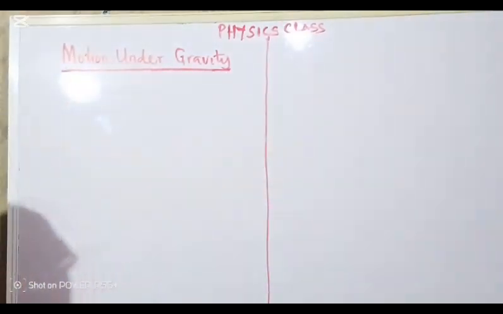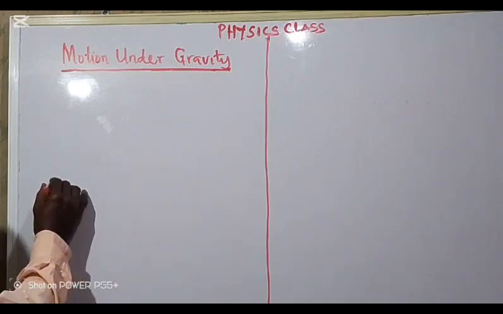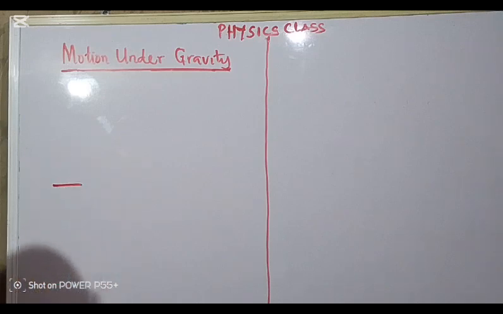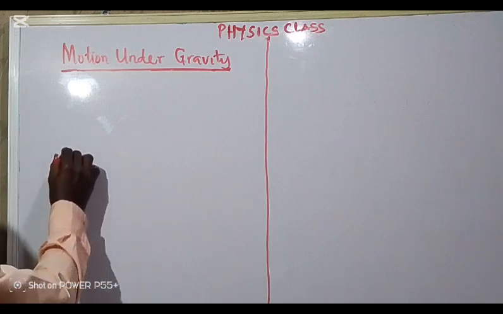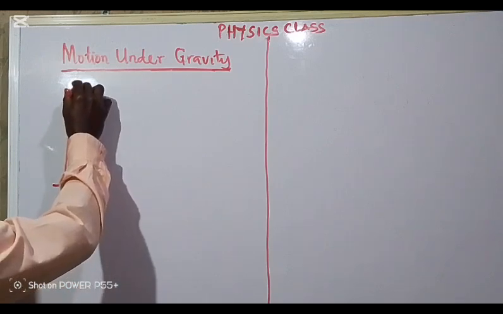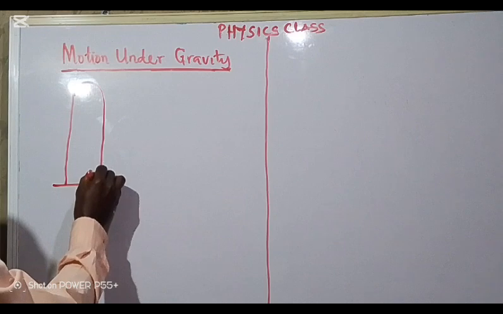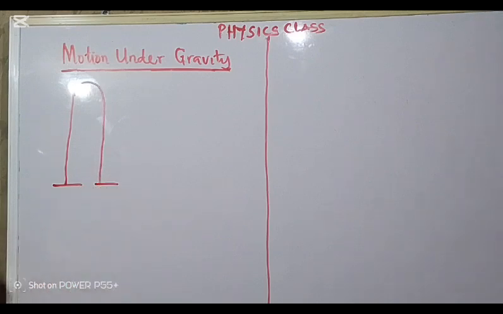In our last discussion, our topic was motion under gravity. We concluded that when an object is thrown vertically upward, it will definitely reach a maximum height before it falls back to the ground.